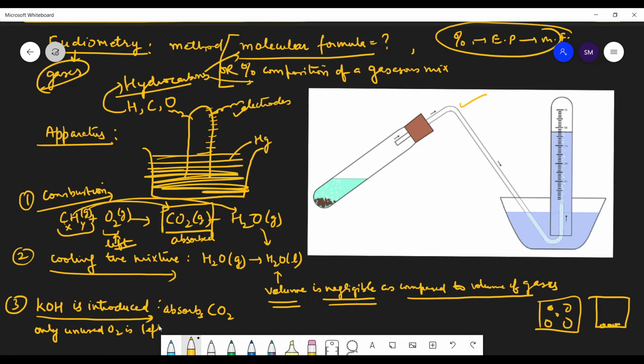So which one is the limiting reagent in this reaction? Who is limiting the yield? Hydrocarbon. Yes. So hydrocarbon is limiting the yield.